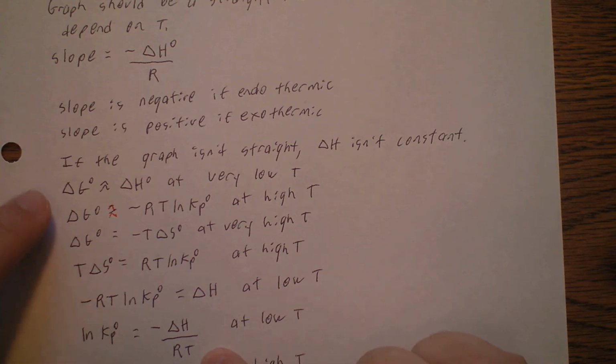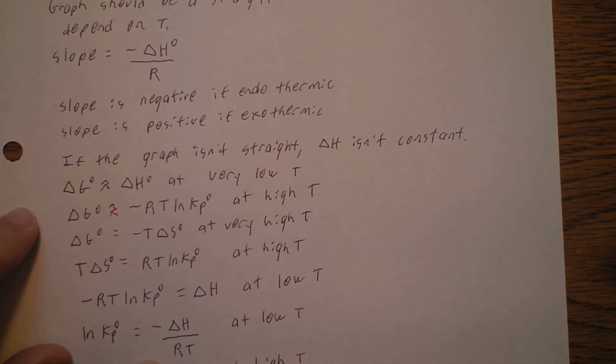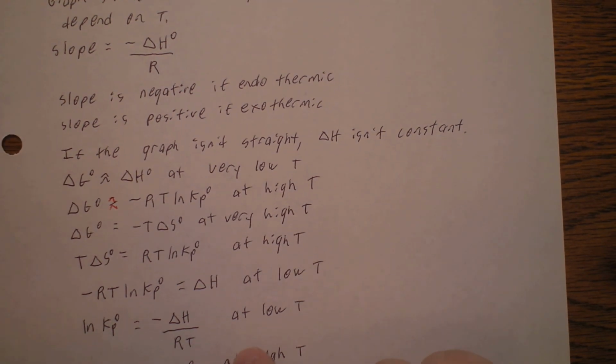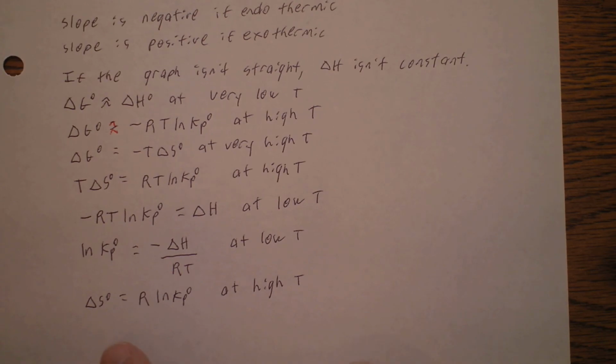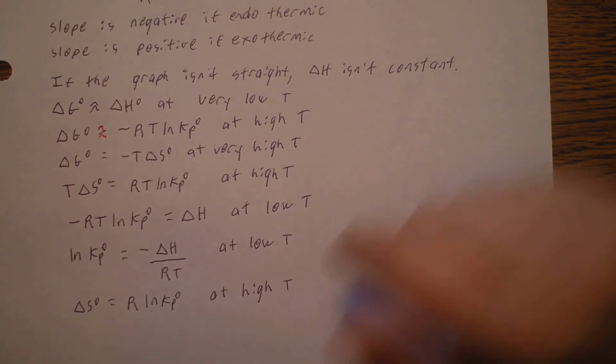So using those other two relations for low temperature, we get the natural log of Kp naught is equal to minus delta H over RT when you're at low temperature. And then, of course, delta S naught is equal to R times the natural log of Kp naught at high temperature. That's it for section 3.